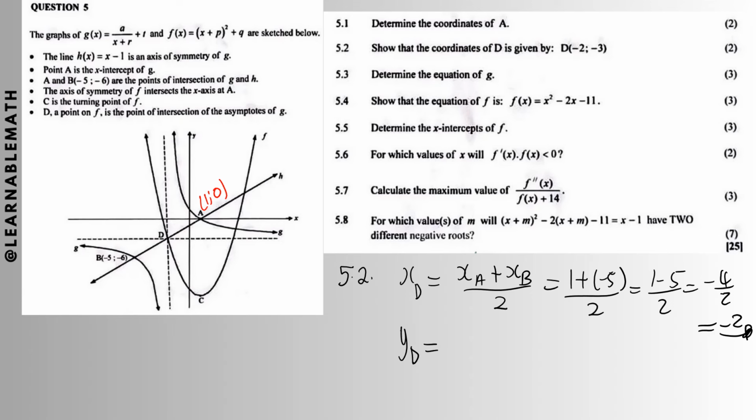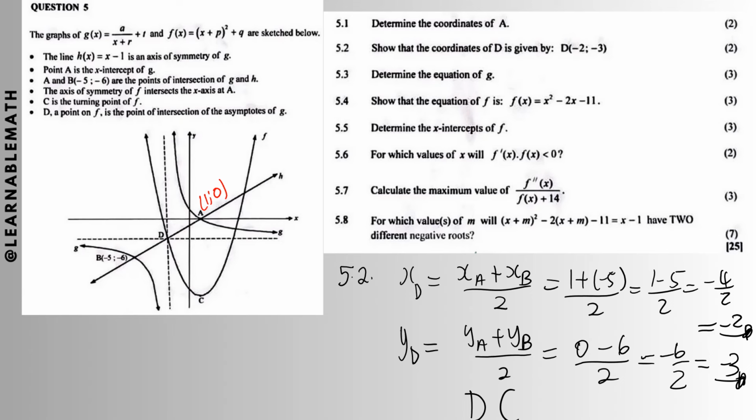It's at the midpoint of AB, so it's y at A plus y at B divided by 2. So y at A is 0, y at B is -6, divided by 2. This is -6 over 2, which is minus 3, right? So you can see clearly that D is the point (-2; -3), and we have shown it. Let's quickly go to 5.3 now.